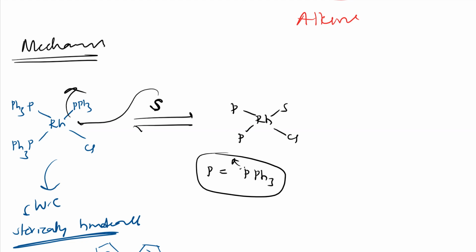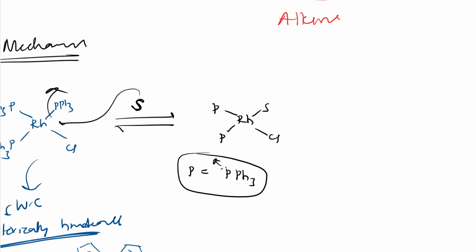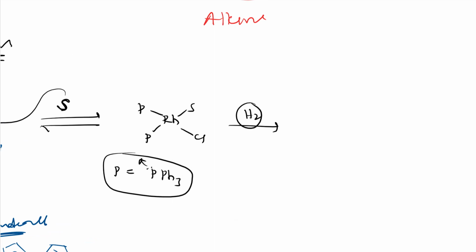So this is my Wilkinson catalyst in presence of solvent. Then what will I add? I will add hydrogen. Hydrogen must be there, so whenever they give an alkene, they give it along with this Wilkinson catalyst and hydrogen. Further, hydrogen will add like this: here solvent, one hydrogen, two hydrogen, chlorine, and here P and P. So this is how it happens.